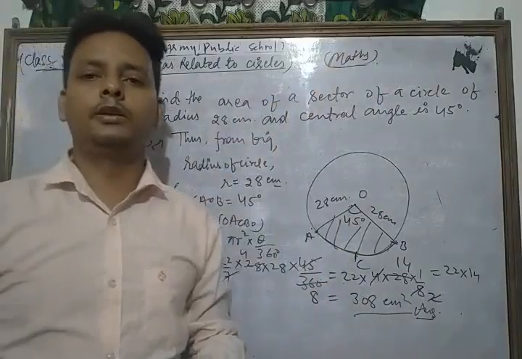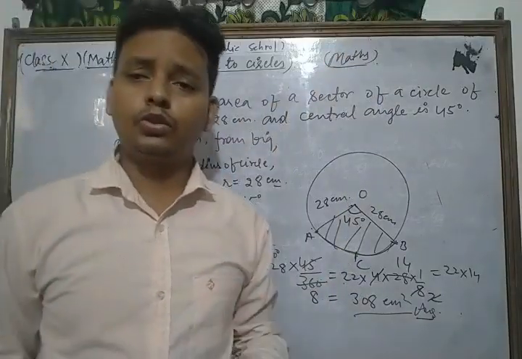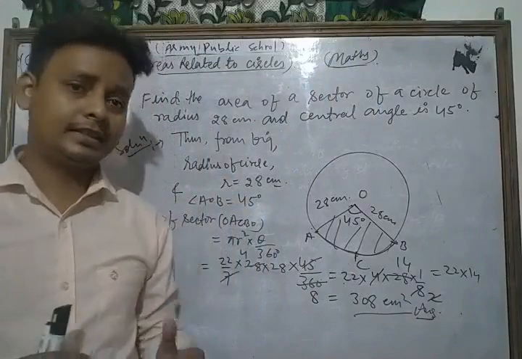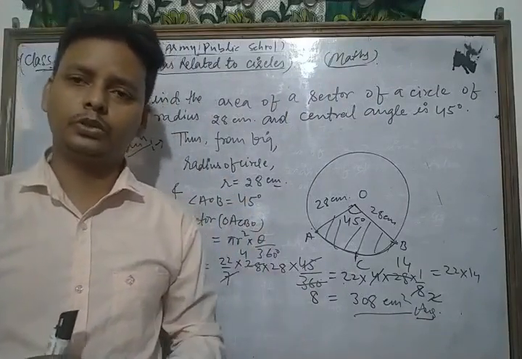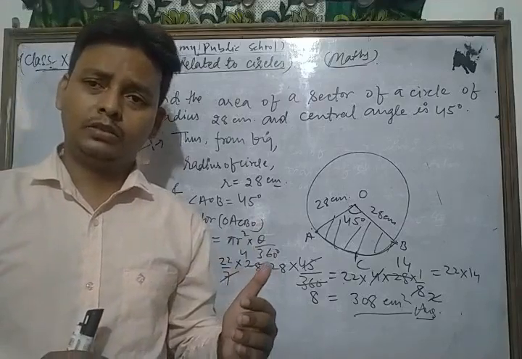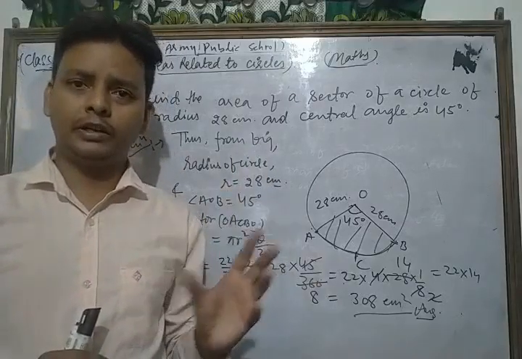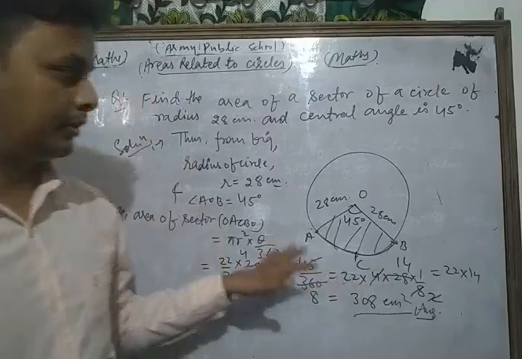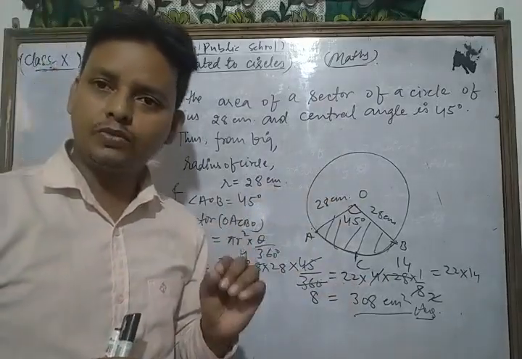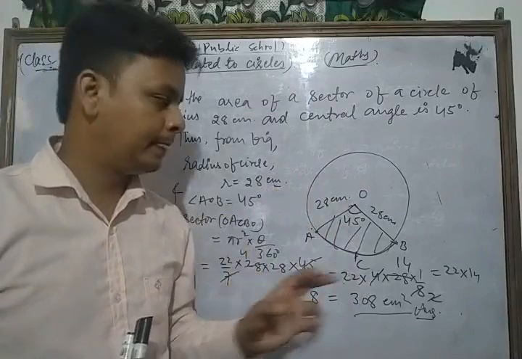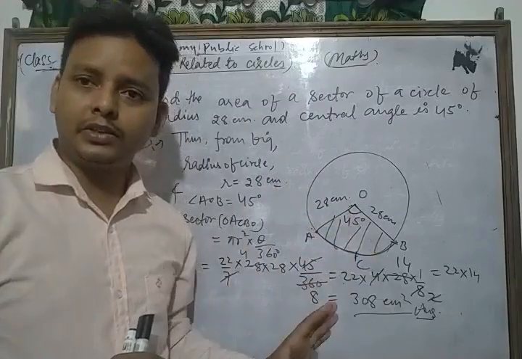So in this way, dear students, you can solve each and every question of your NCERT exercise based on the topic sector, based on the topic segment, all the topics related to circle. Let's see once more time. Here we find the area of the sector, and you know that sector is the region bounded by an arc and the radii of the circle.